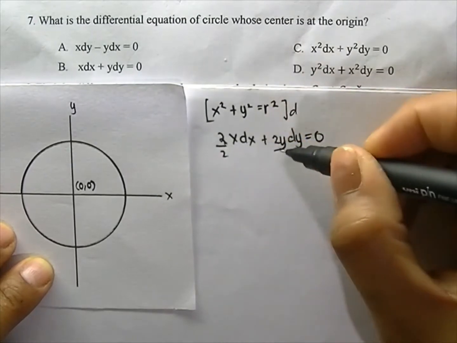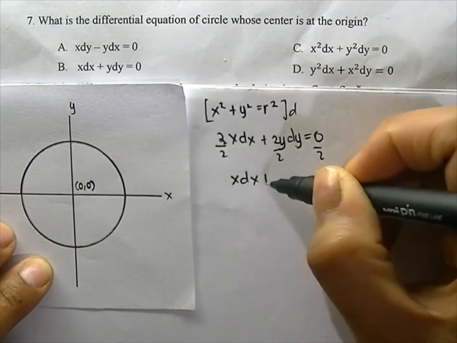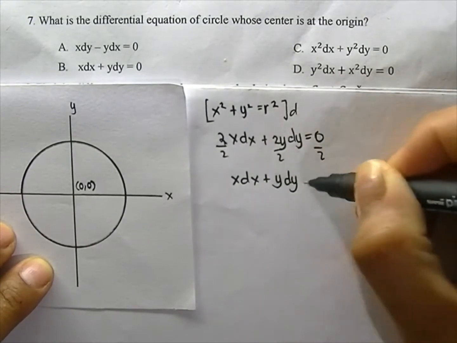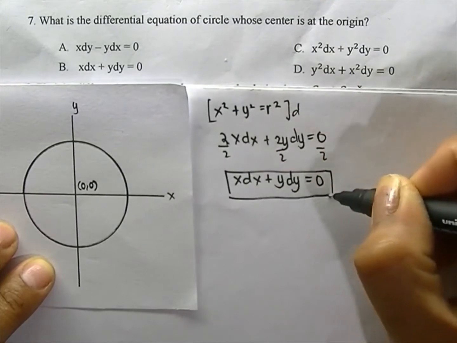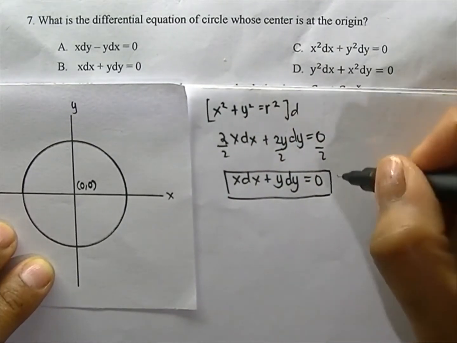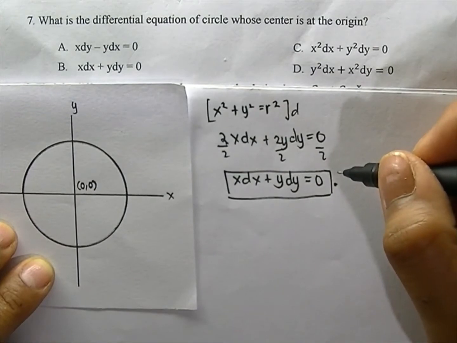So dividing by 2, we have x dx plus y dy equals 0. So this is the equation of a circle having a center at the origin. Letter B.